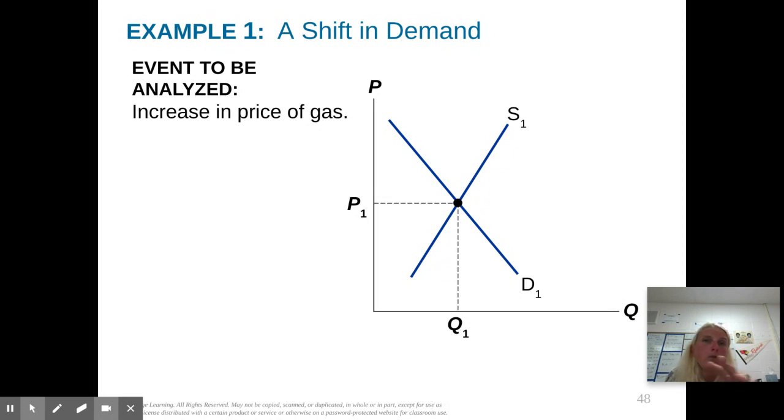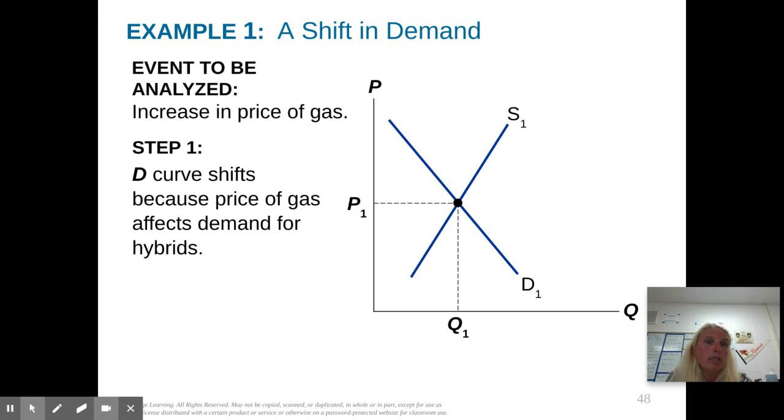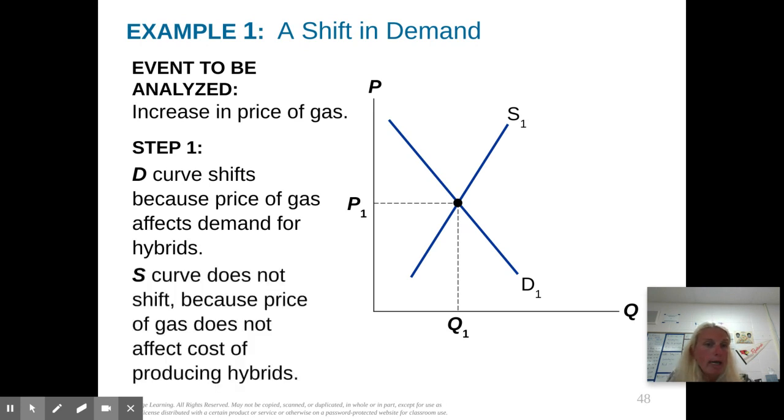You can't have one without the other. And so step 1, we've realized it's a demand shift because it's the O in TOIS, other goods prices. It's not supply because gas isn't affecting the cost. It's not an input cost for those cars.